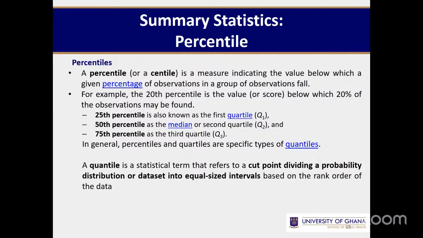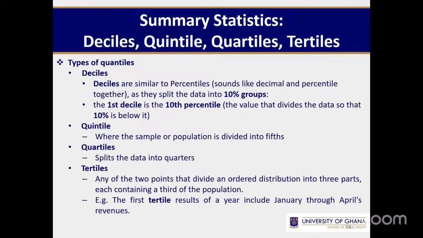Percentiles and quarters are specific types of what we call quantiles. And quantiles means that you divided something into equal size intervals. If that particular quantile is a percentile, you divided it into 100. If, however, it is a decile, we have divided it into 10.